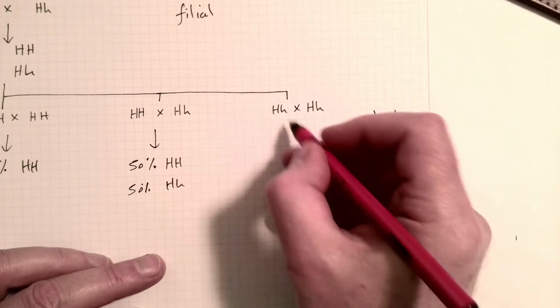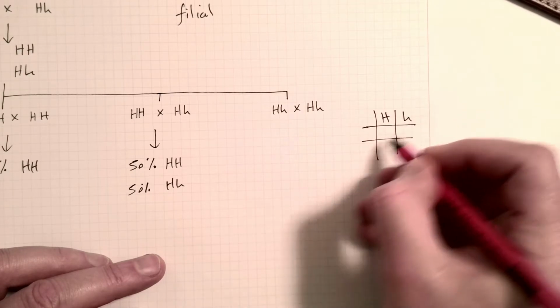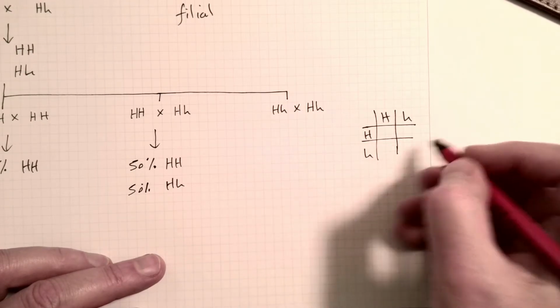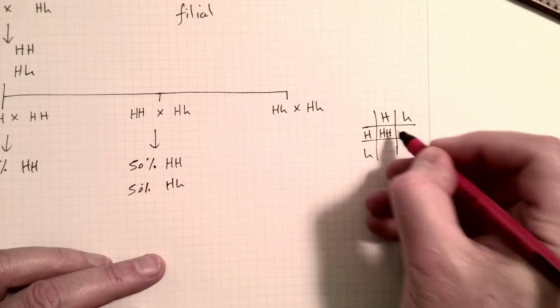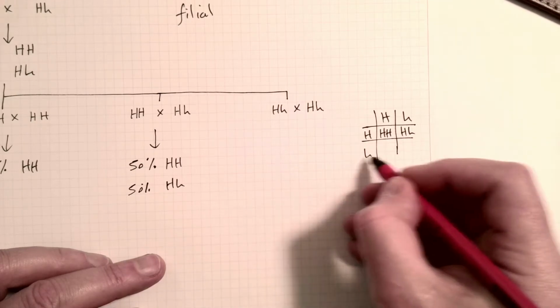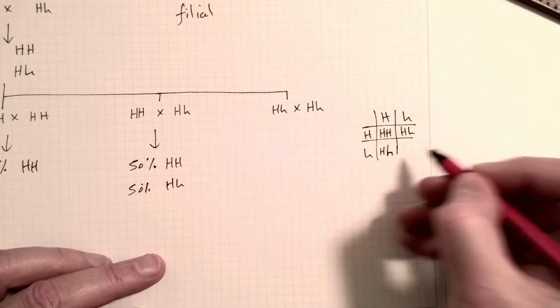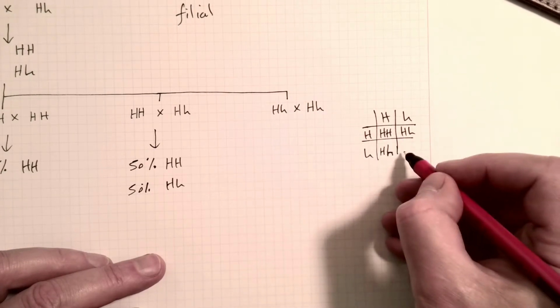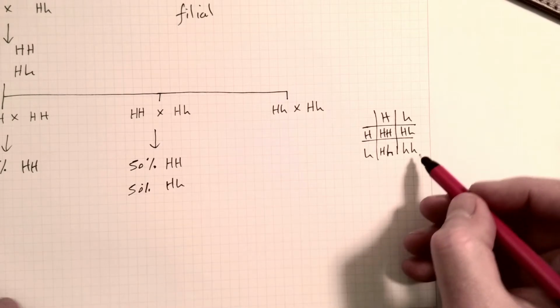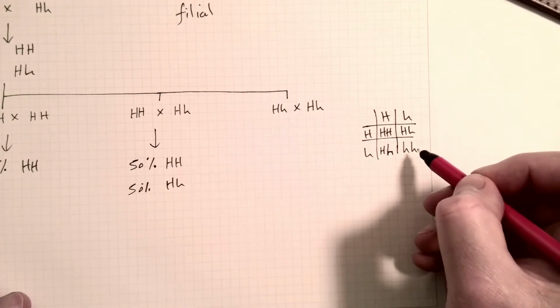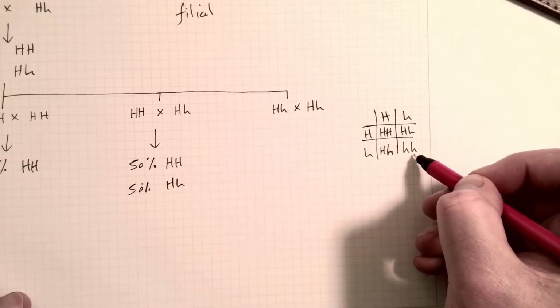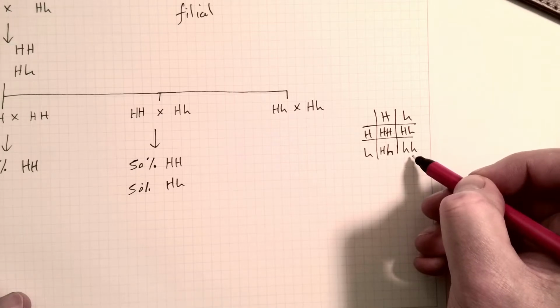So I've got a big H, little h, and a big H, little h. That's going to give me big H, big H. That's going to give me big H, little h. That's going to give me big H, little h. And this one here is going to give me little h, little h. Okay, so there's a possibility that 25% of my offspring are going to be spotty.